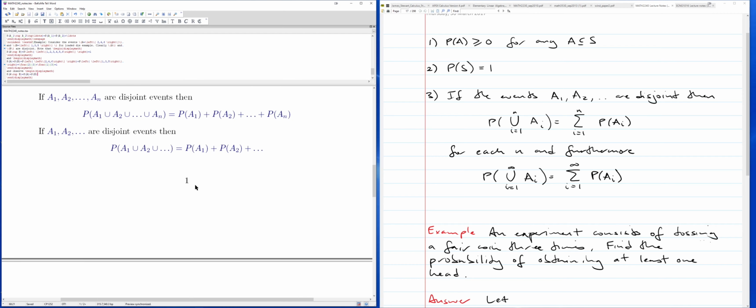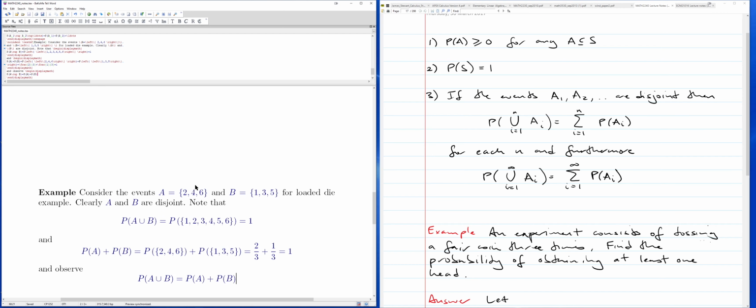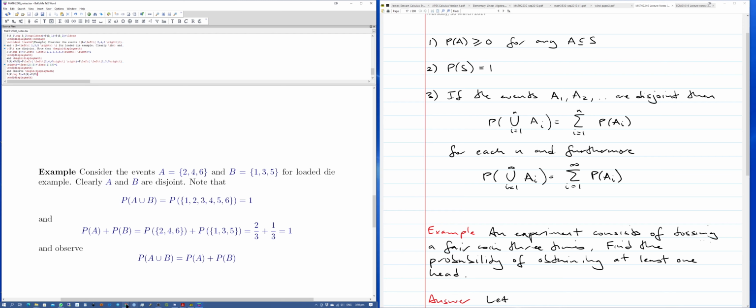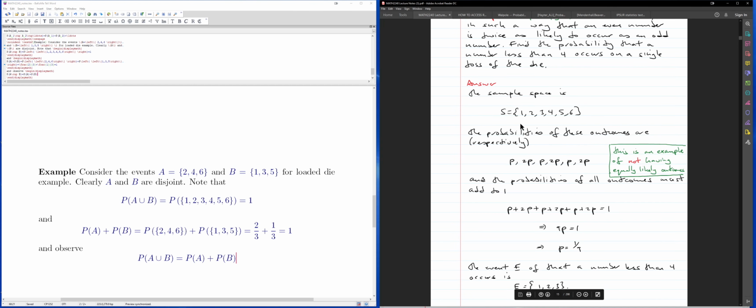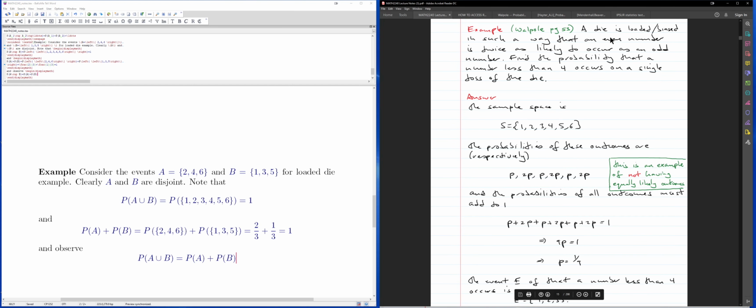A simple example: we're using again the example with this loaded die, where this is my sample space. The sample space is 1 to 6, and we worked out the probabilities for each of these.